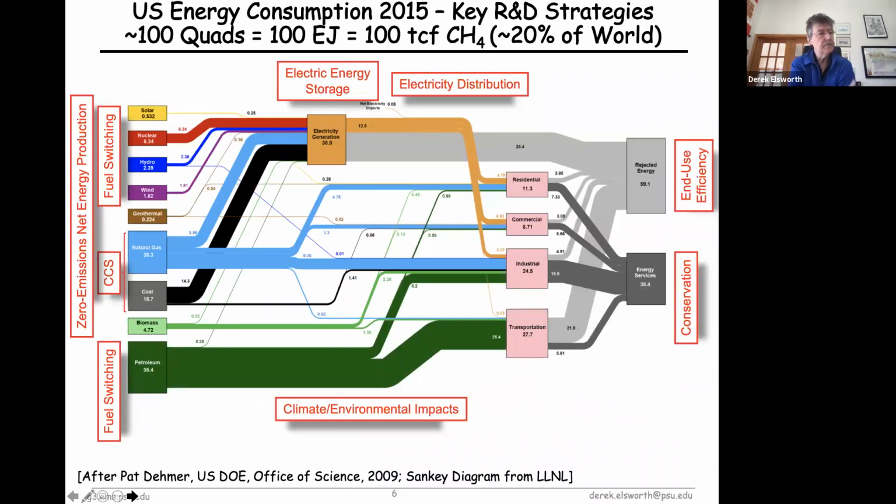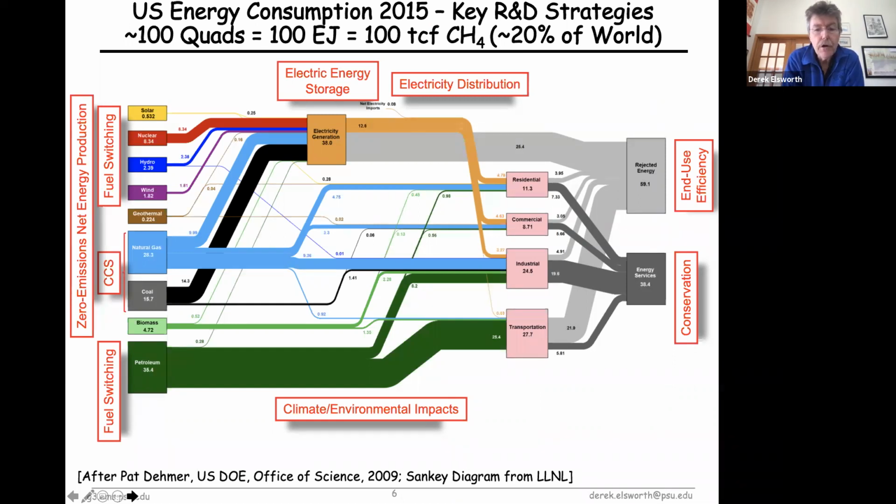The US, along with most other industrialized nations, is mainly a fossil fueled economy. You might have seen before these so-called Sankey diagrams. This is more recent than 2009, which it says at the bottom. This is probably a more recent one, probably a couple of years old.